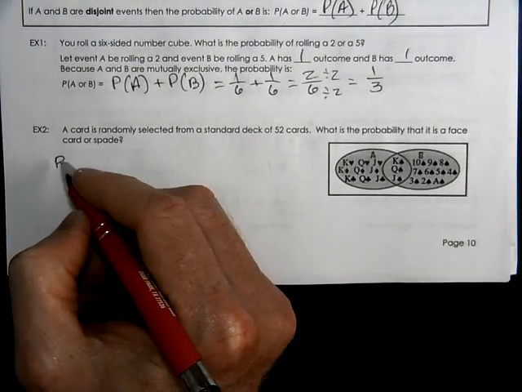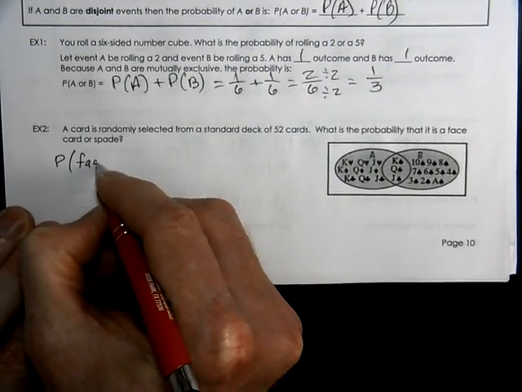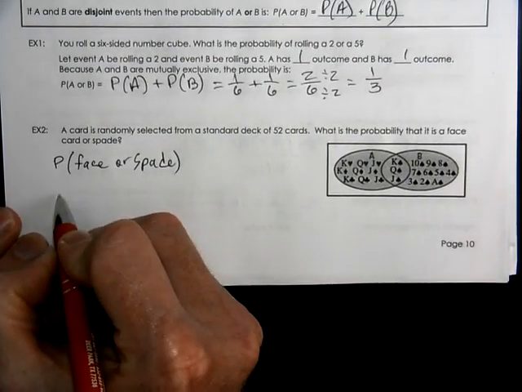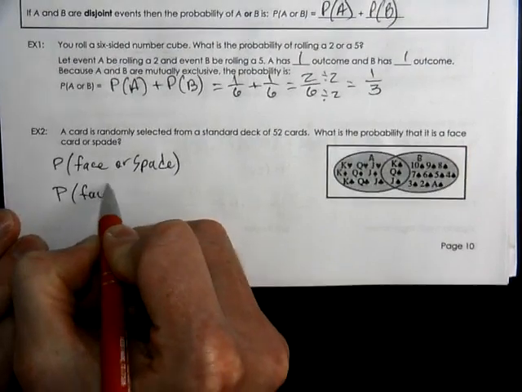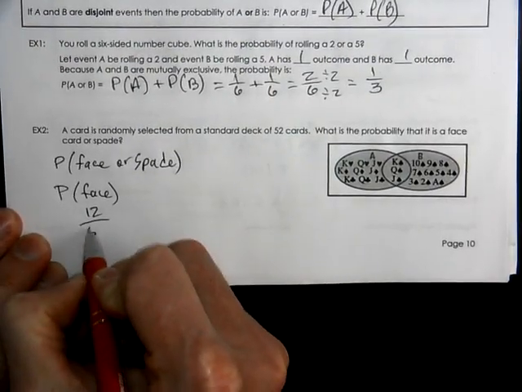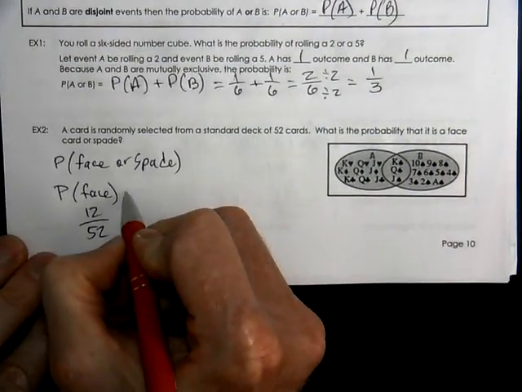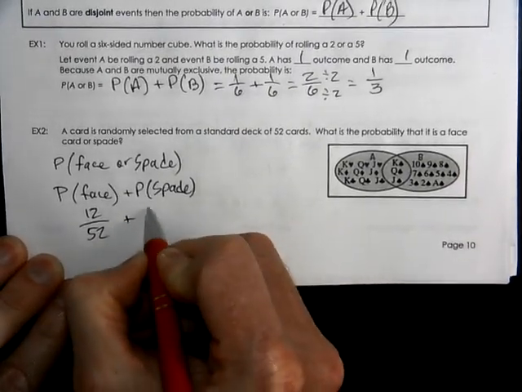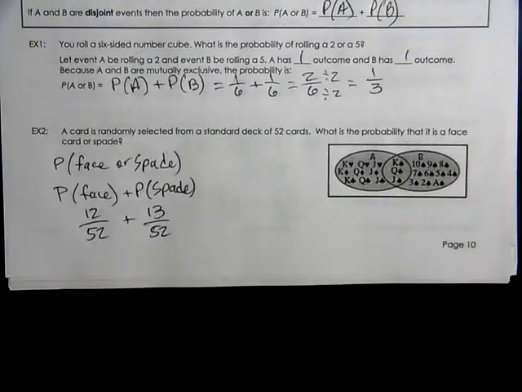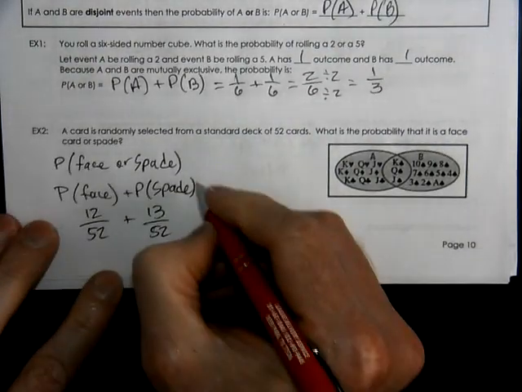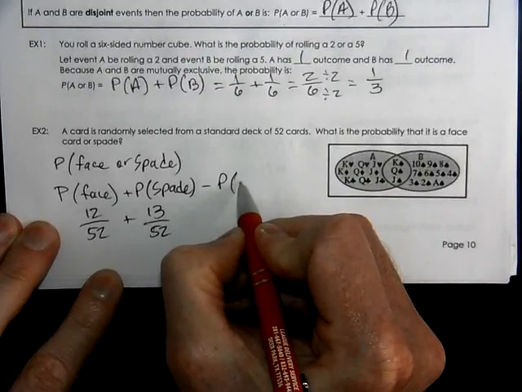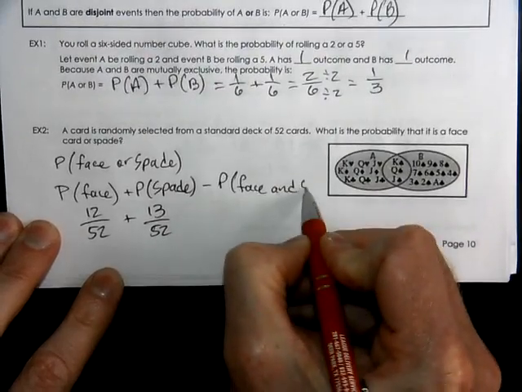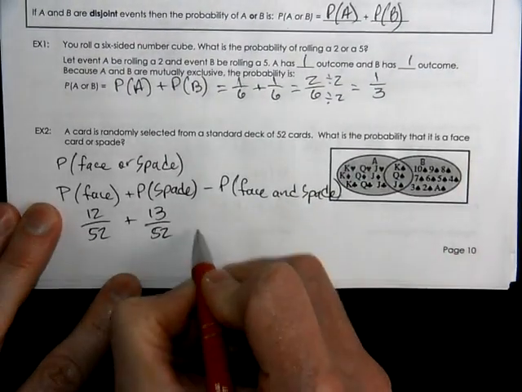So the probability of a face card or a spade is going to be the probability of a face card, which is 12 out of 52, plus the probability of a spade, which is 13 out of 52, minus the probability of the face cards that are spades, a face card and a spade.